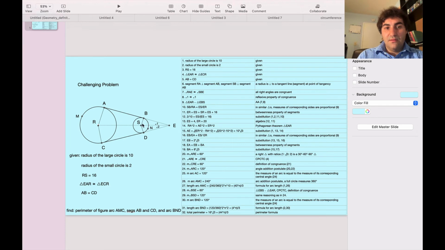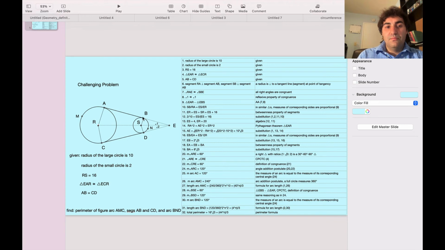So we know that angle BSE is going to be 60 degrees, right? Because triangle EBS is similar to triangle EAR, right? And in similar triangles, angles are congruent, so you can use the definition of angle congruence and reason it out. So we get angle BSE is equal to 60 degrees.